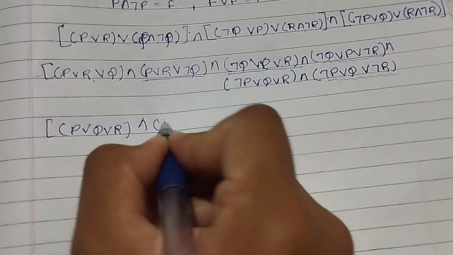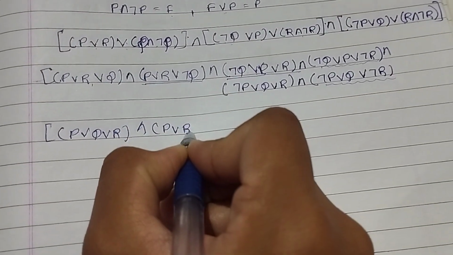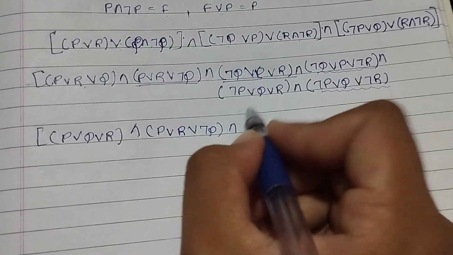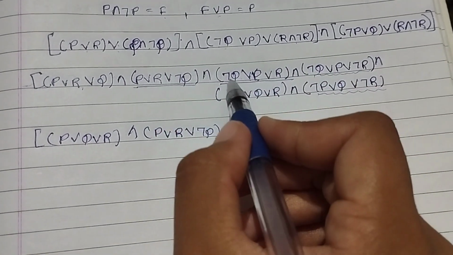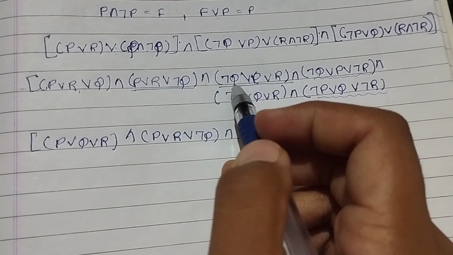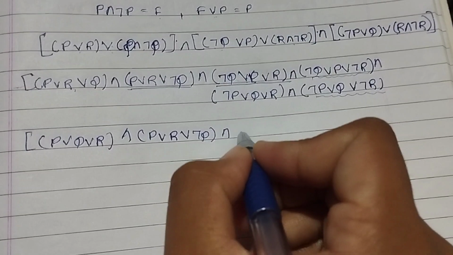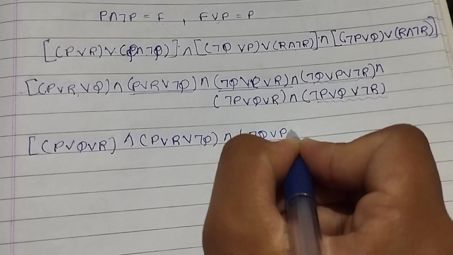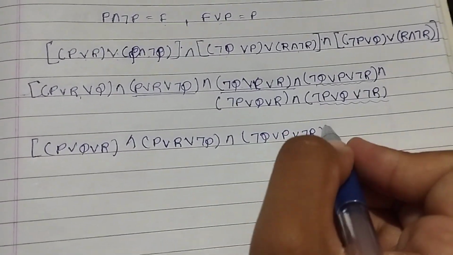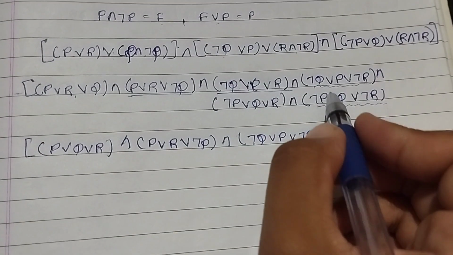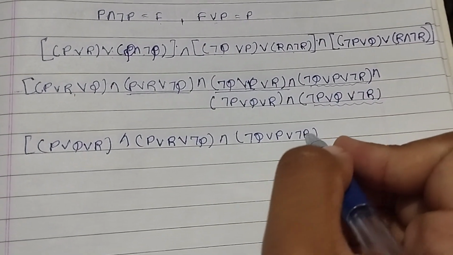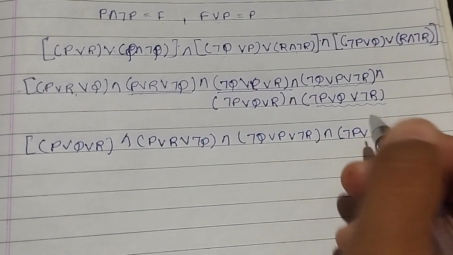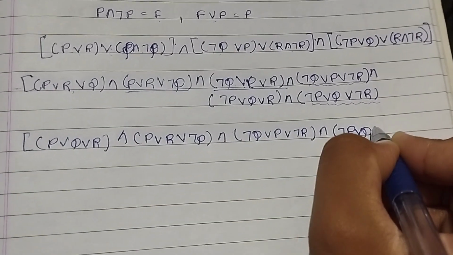And P or R or negation Q, these two brackets are repeated, so we write only once, and negation Q or P or negation R, and again this bracket is repeated but we write it only one time, and negation P or Q or R.